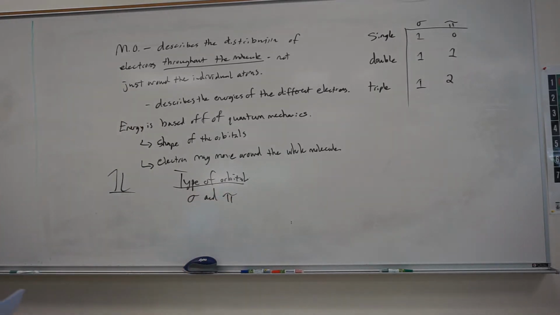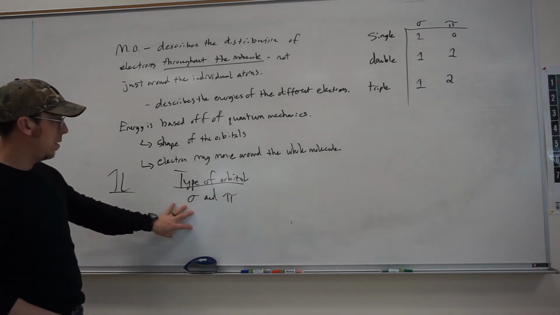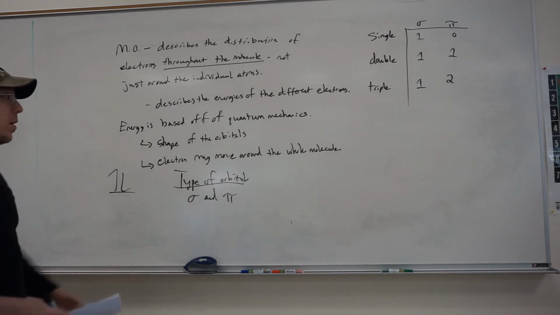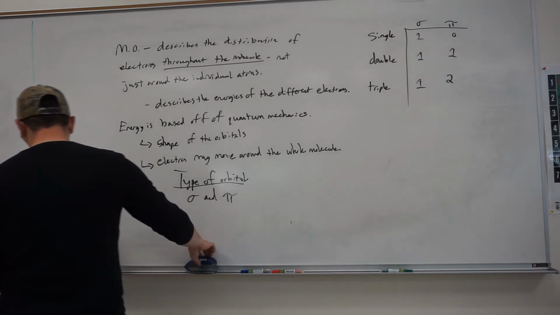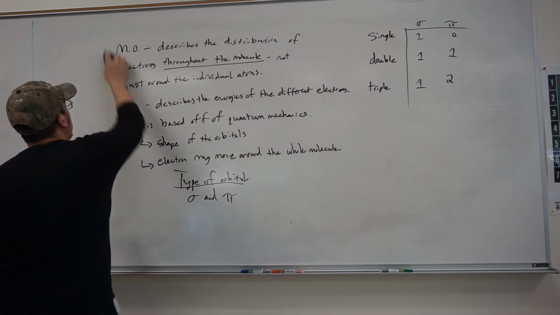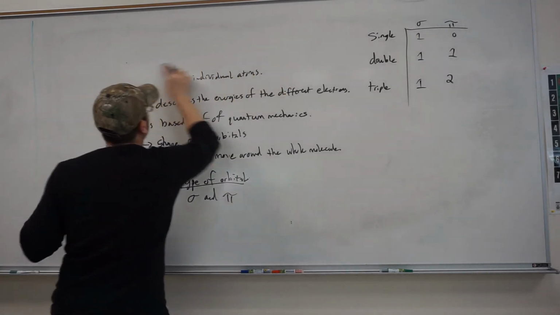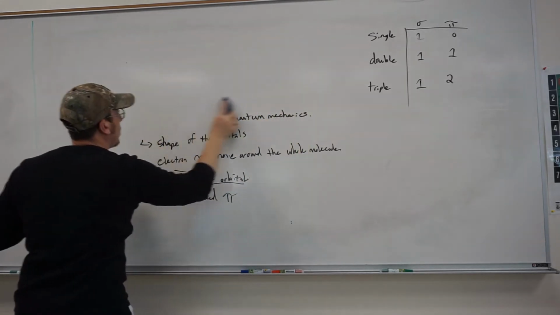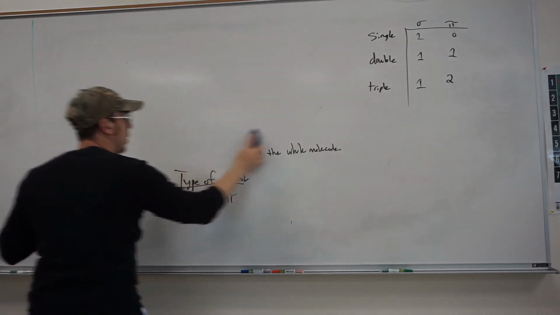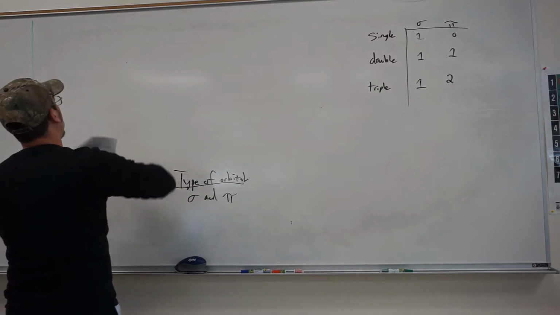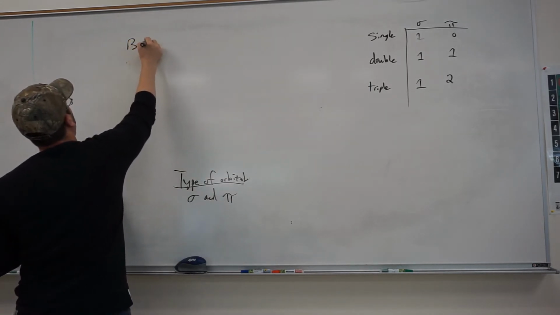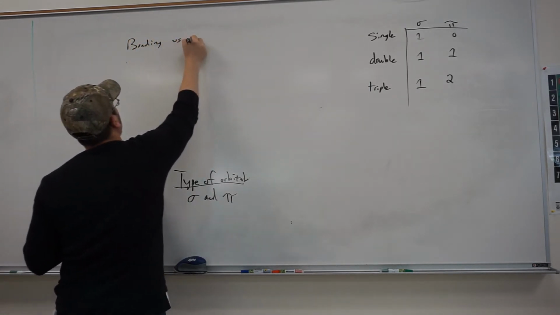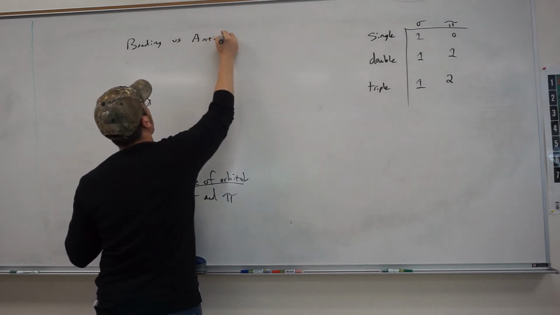As we talk about the different types of orbitals, we can expand on that, and we can talk about bonding versus anti-bonding.